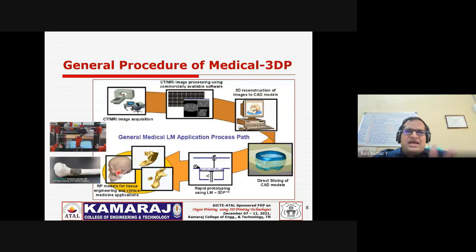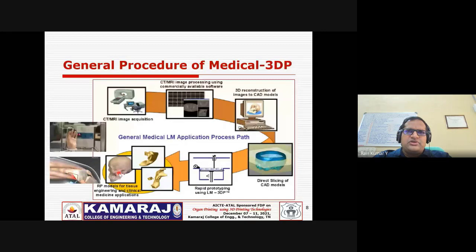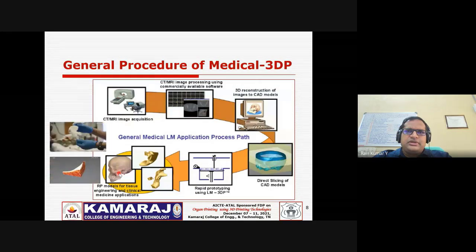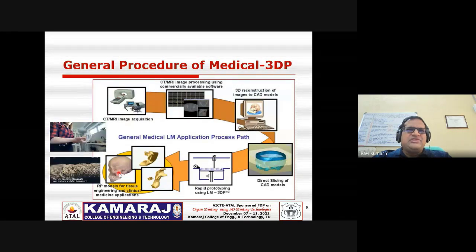But how is it connected to 3D printing? The material is totally different here, rather than a synthetic or man-made material. You take a natural material, a living cell from the patient. And it may work for your printing, but there will be several challenges.